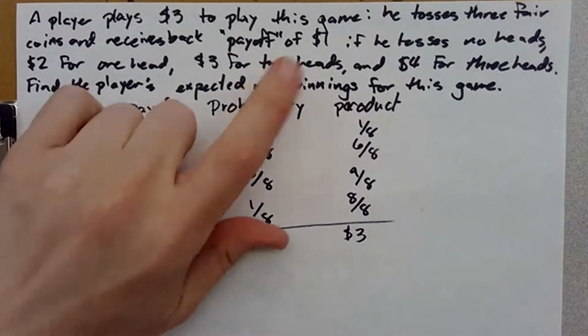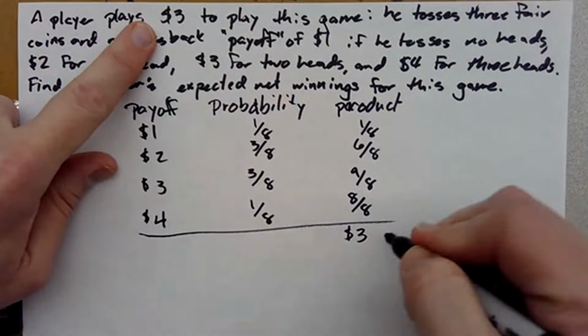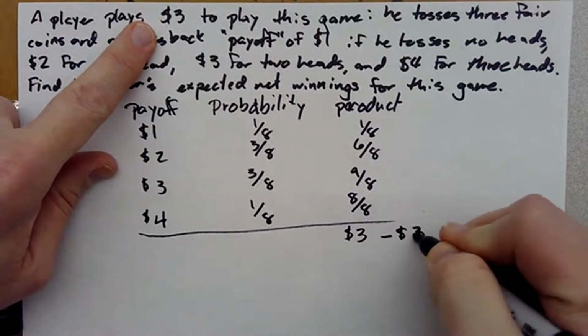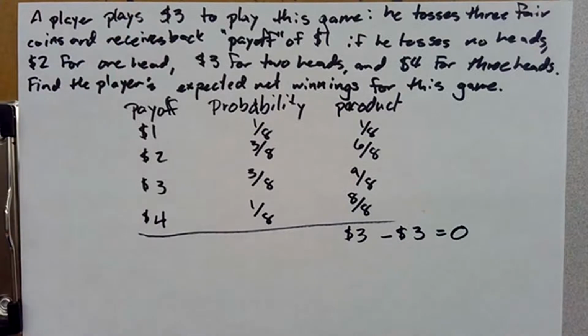However, the net winnings means we have to take away the $3 that we initially spent. So we have an expected net winnings of 0. And that makes this a fair game. We'd rather make money, but as long as we break even, it's a fair game.